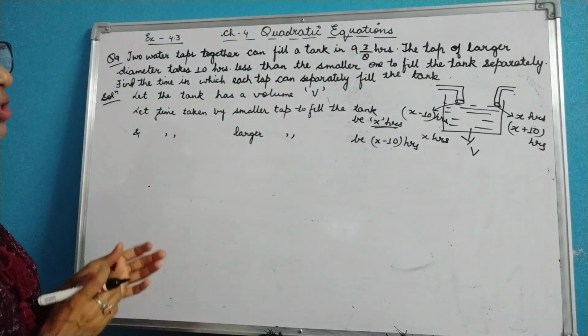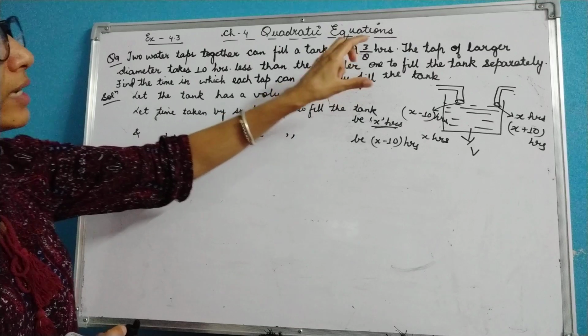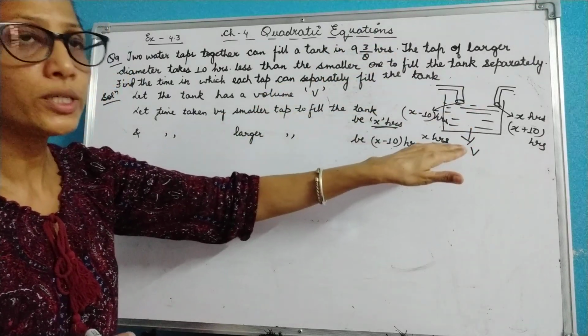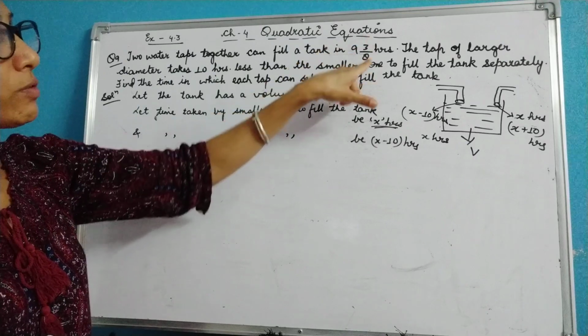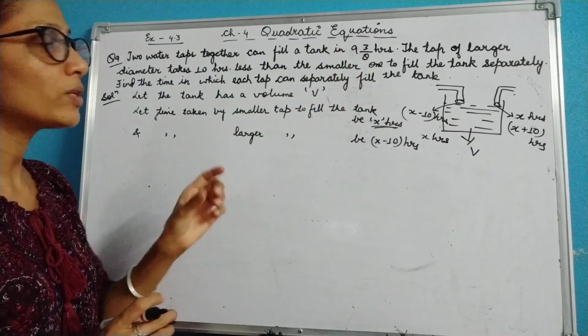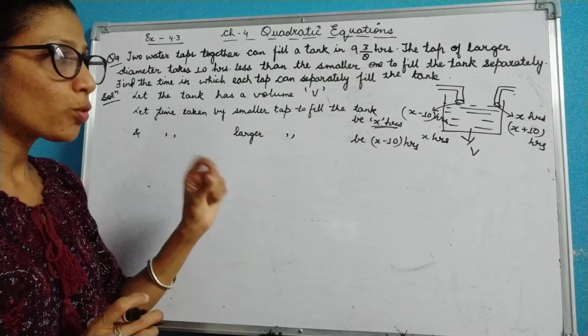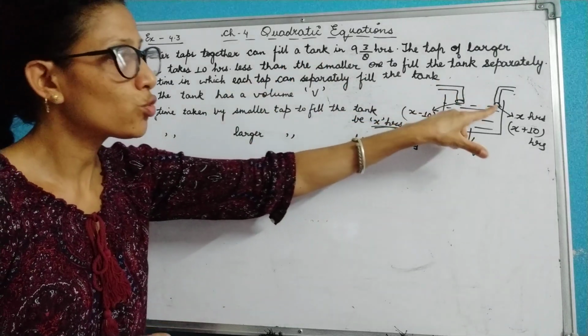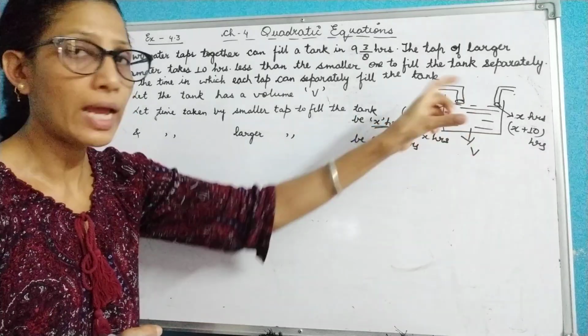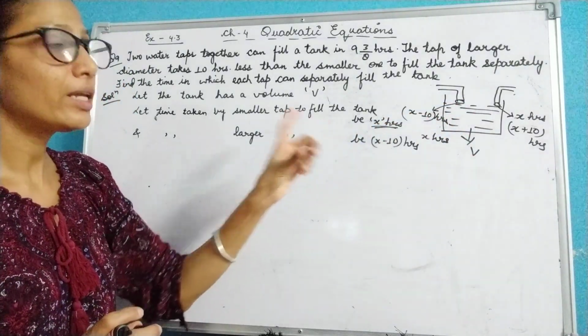Now children, here it is given that if both the taps are open, then they fill the tank in 9 complete 3 by 8 hours. So first of all, we'll try to find out the portion of this tank filled by these two taps separately in an hour.